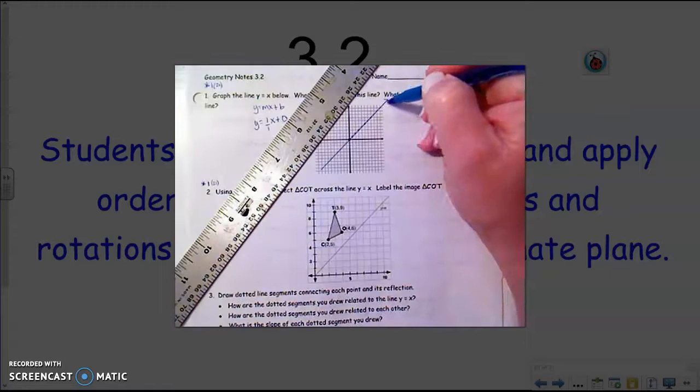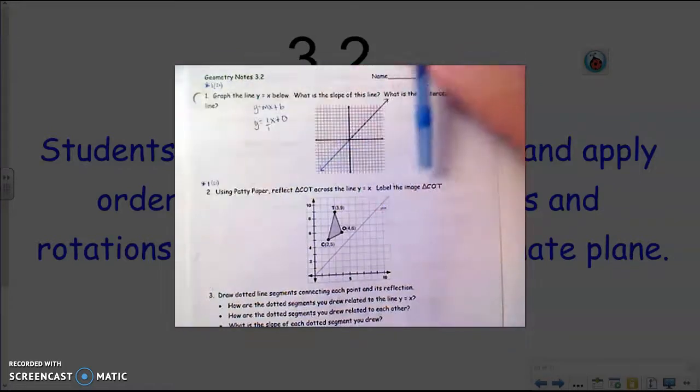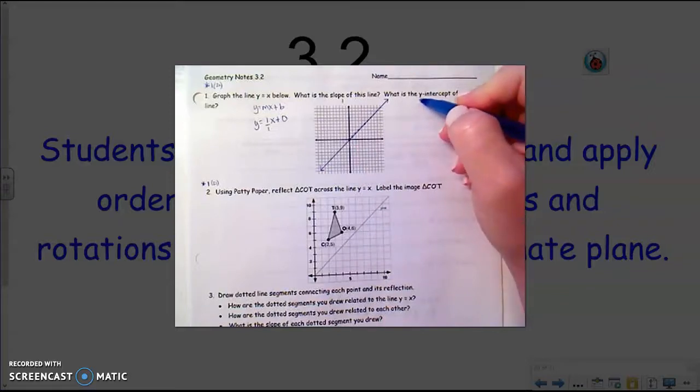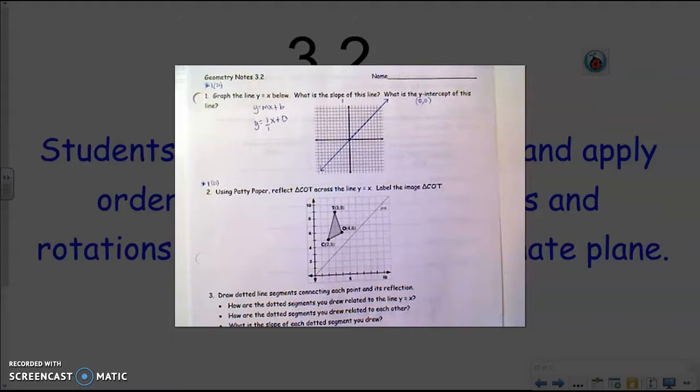That is the line y equals x. Again, the slope of the line was 1. The y-intercept of the line was the point (0, 0), or it goes through the y-axis at 0. So that's going to be necessary for an activity that we're going to be looking at today, or a certain reflection.